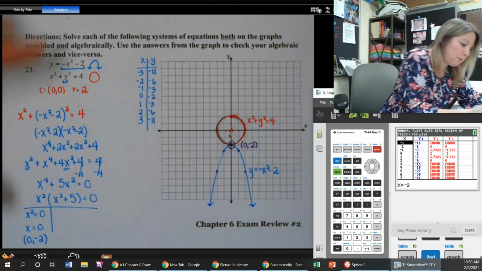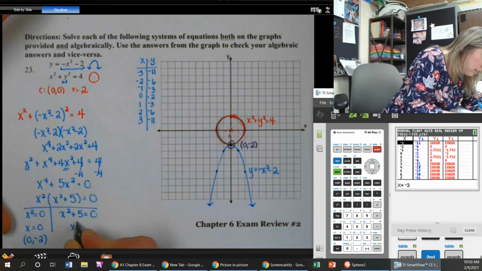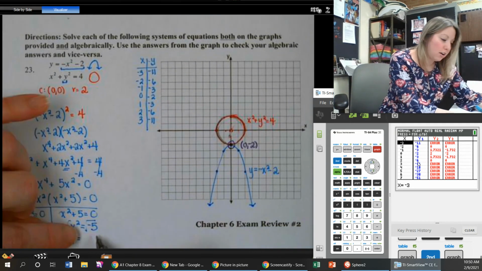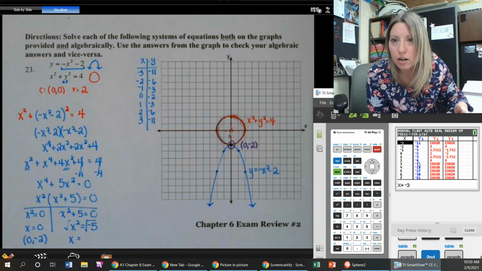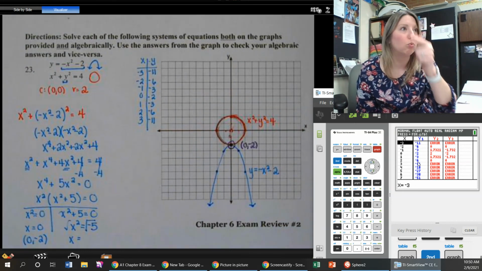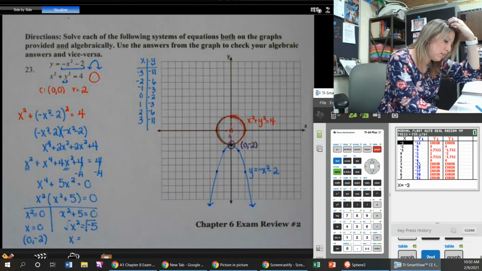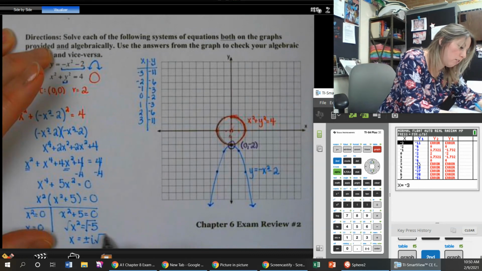The reason I say that makes sense is because if I try to solve this quadratic equation, I have to subtract 5 over here and then take the square root of both sides. I end up getting a negative number under the radical, which is imaginary, which is why that doesn't yield any real response. So here, this is actually plus and minus i radical 5.